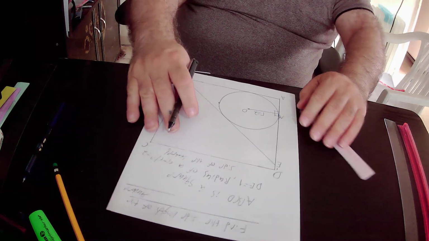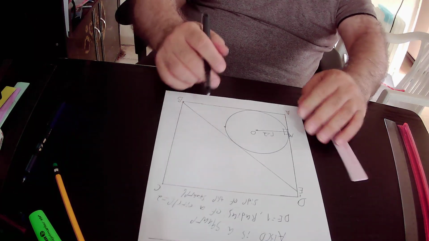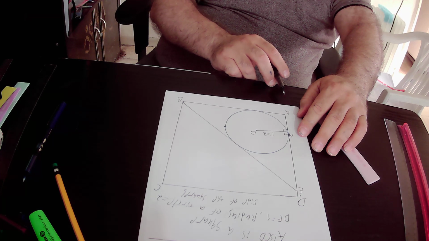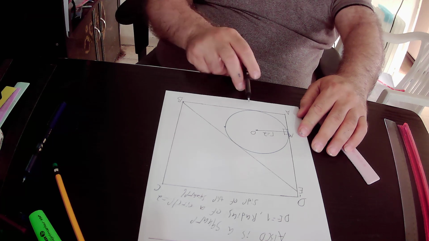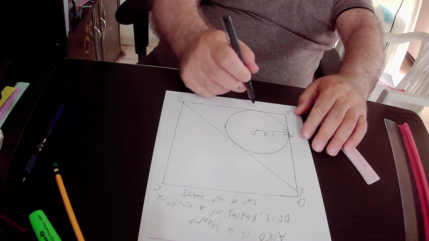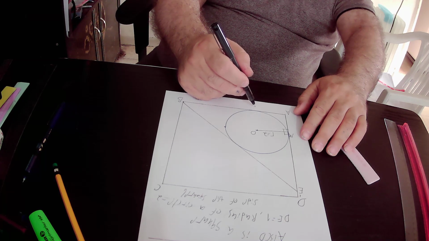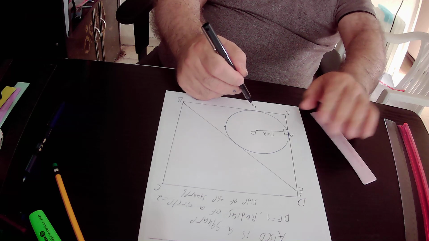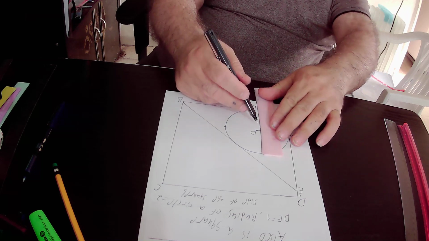We will define the point of tangency of tangent AB with this circle as point L, and we join points L and O together by a straight line.